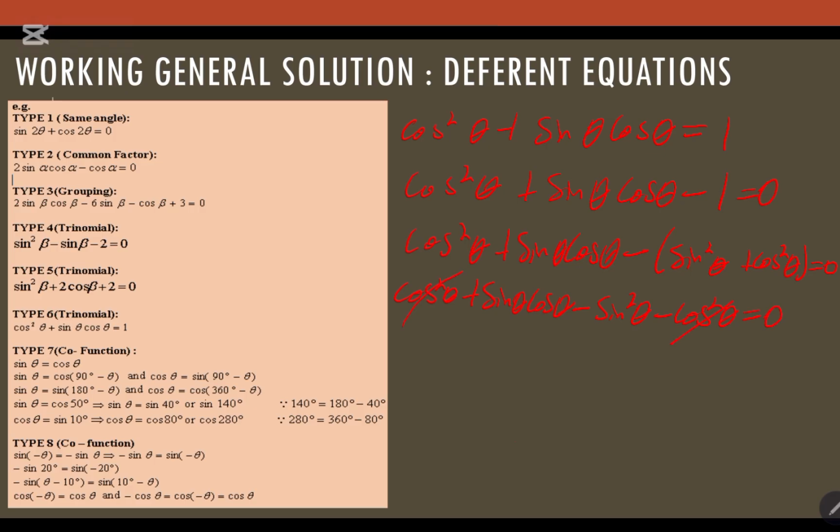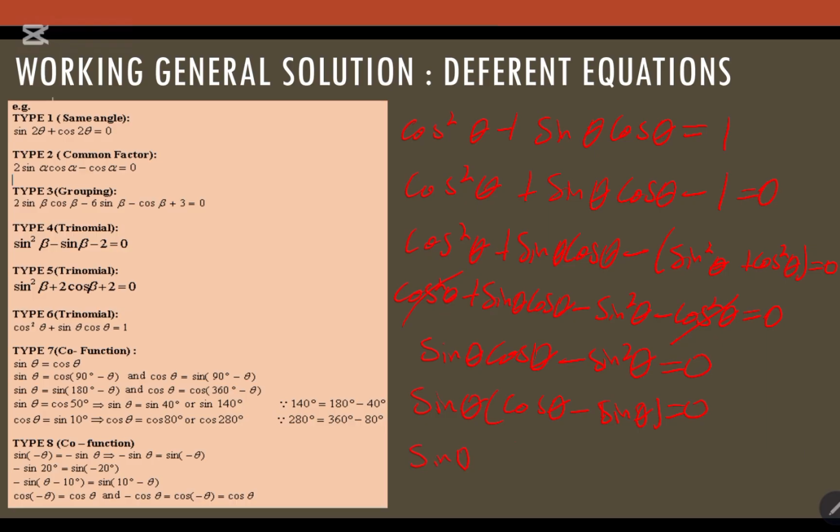Now cos squared theta minus cos squared theta is 0. We are left with sine theta cos theta minus sine squared theta is equals to 0. Which takes us back to the common factor method. There is a common factor of sine theta. We are left with cos theta minus sine theta is equals to 0.